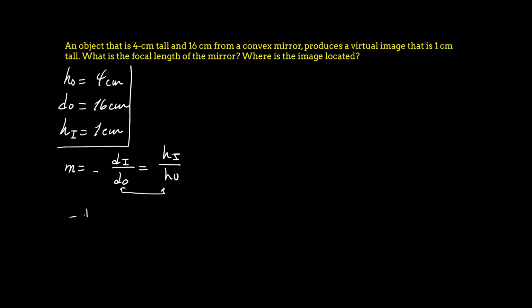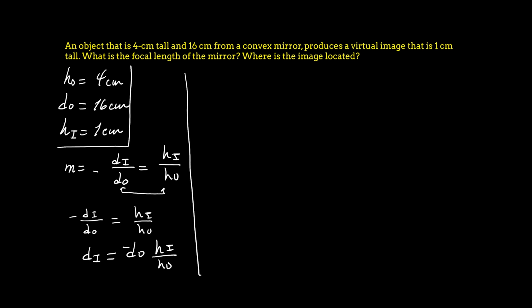So we have negative D sub I over D sub O is H sub I over H sub O. Cross multiply, I'll just bring the DO over and then the minus sign. So D sub I equals negative D sub O H sub I over H sub O.